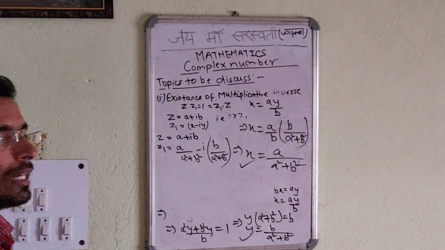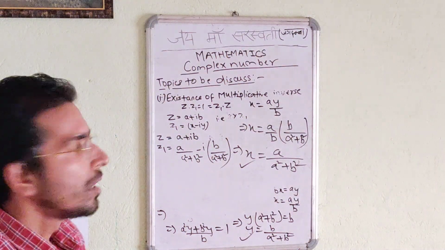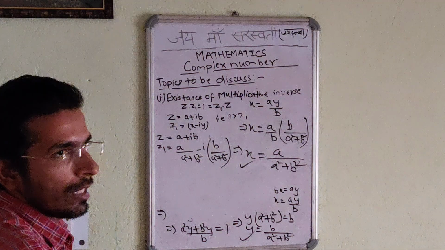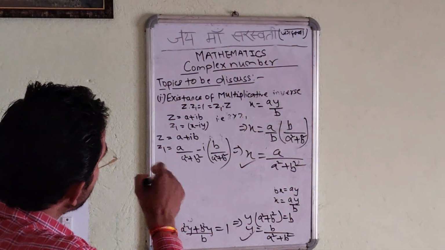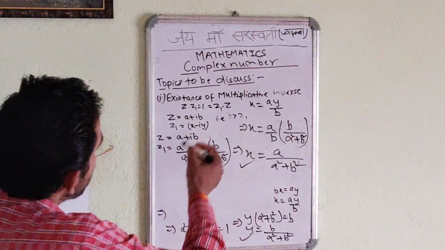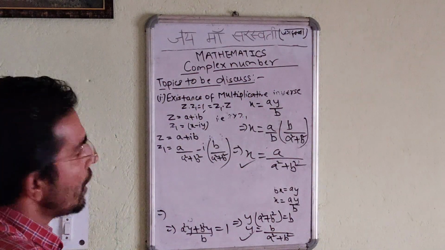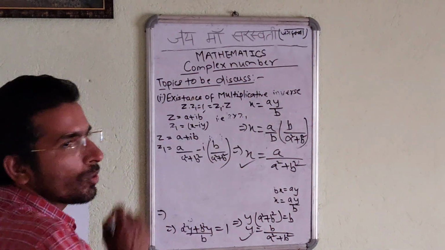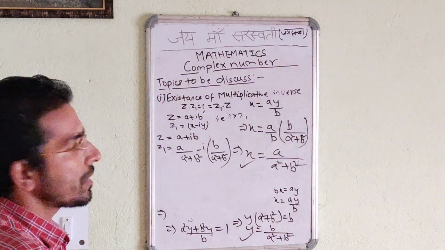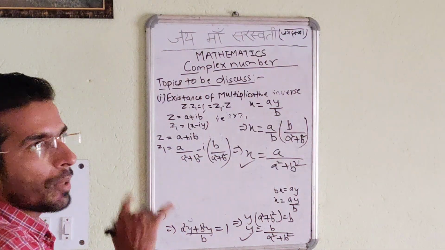So we have z and z1, and if we multiply a plus ib, that is z into z1, we get the result 1. Similarly, if we multiply z1 into z, vice versa, we get the same result.